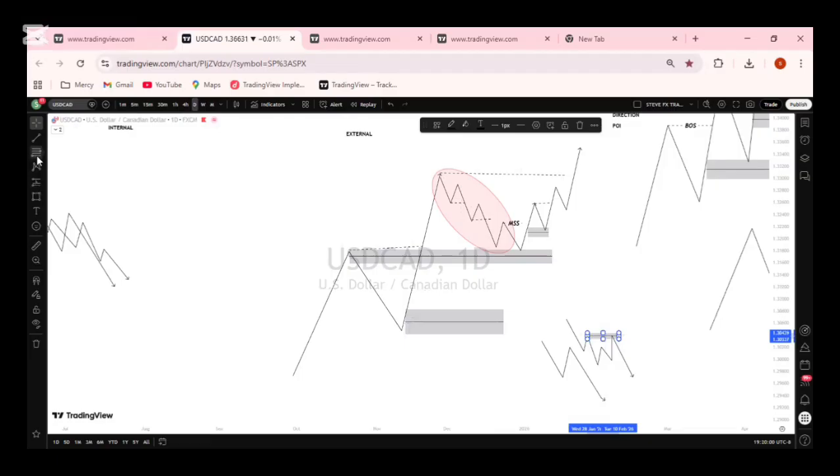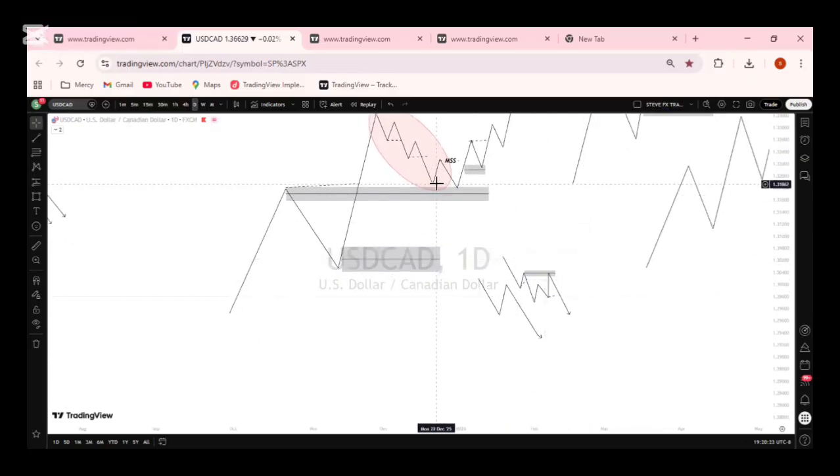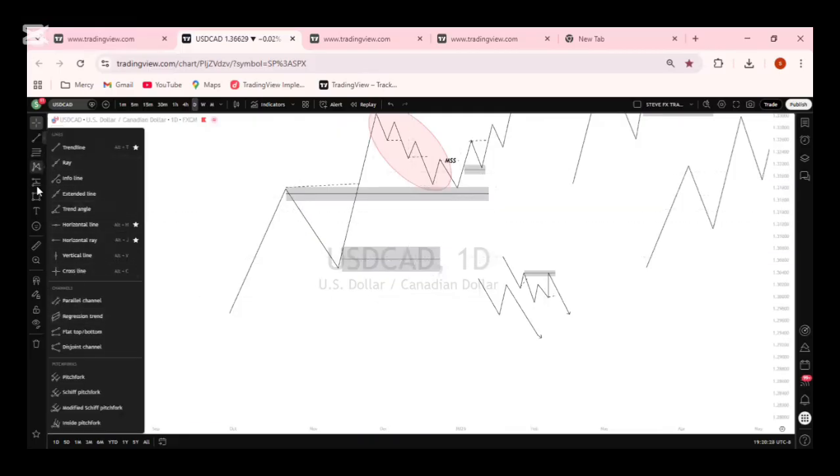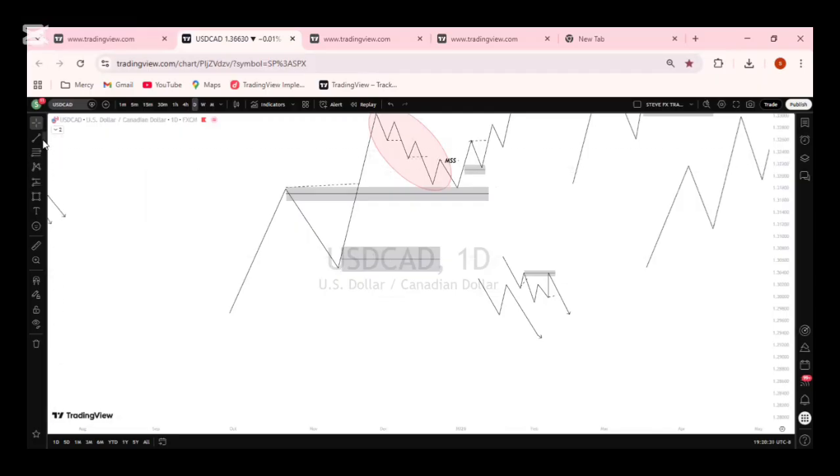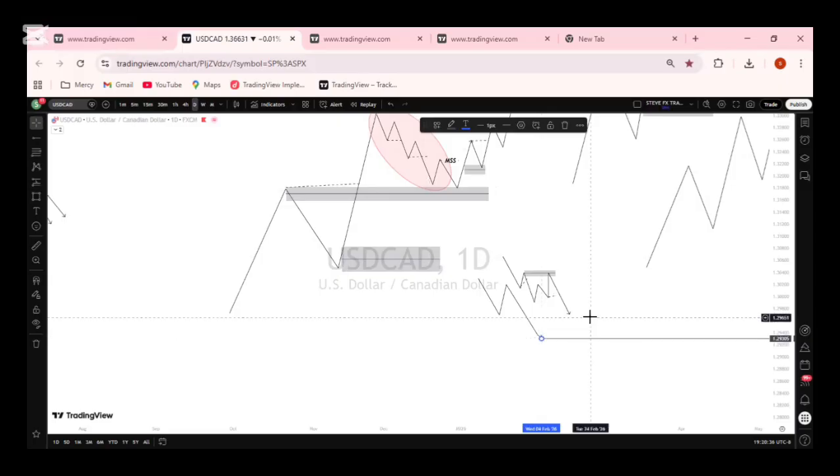So when the market breaks this internal structure from here, you may see a pullback, then another form of structure like this, before you see the market going down, taking out your external low.